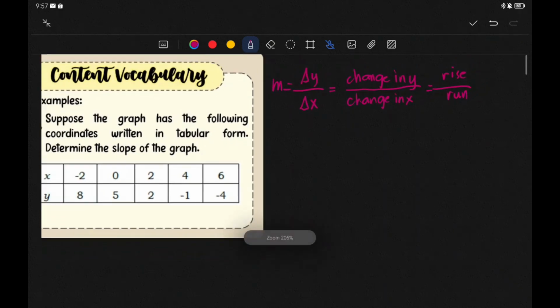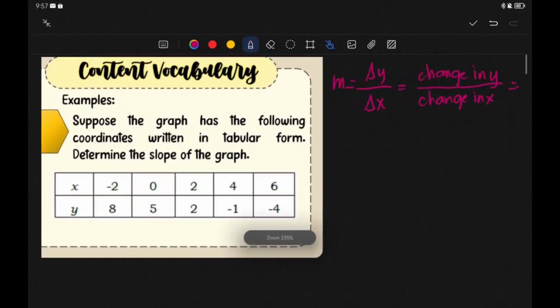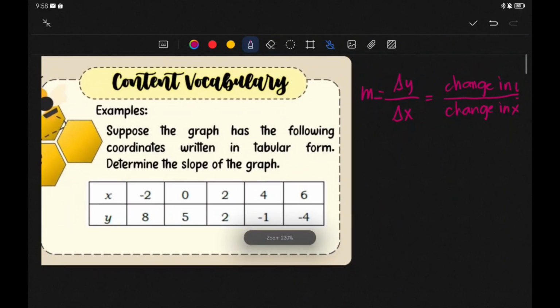But since we are given the table of values, we are just going to identify the first differences of x and y coordinates to identify the change in y and change in x. So, let's subtract 6 minus 4, that's 2. 4 minus 2, that's also 2. 2 minus 0, that's also 2. 0 minus negative 2, that's also 2.